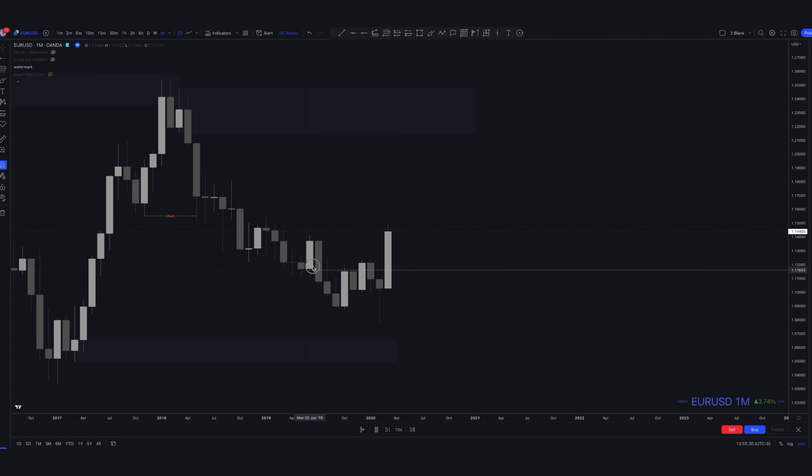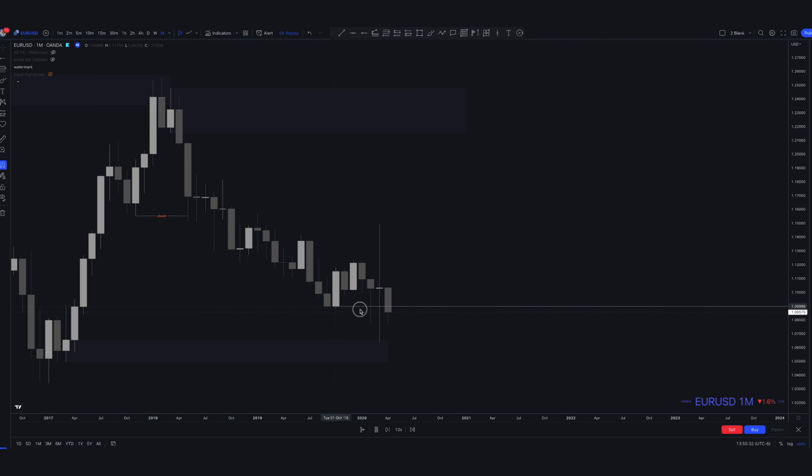this would be a pullback. And now this one is a little interesting because we had this huge doji candle, which is an indecision candle. But the same, you gotta think of the candle formation as a push and pullback.